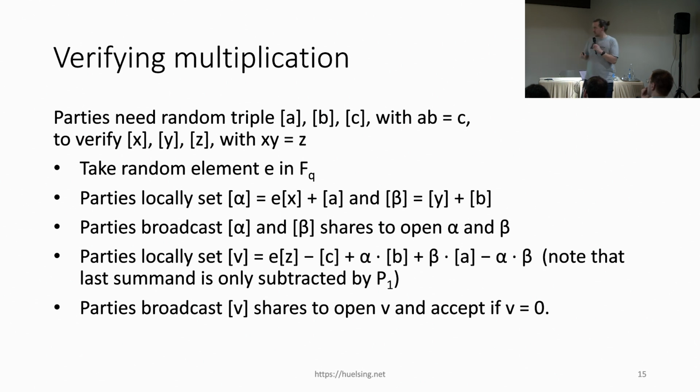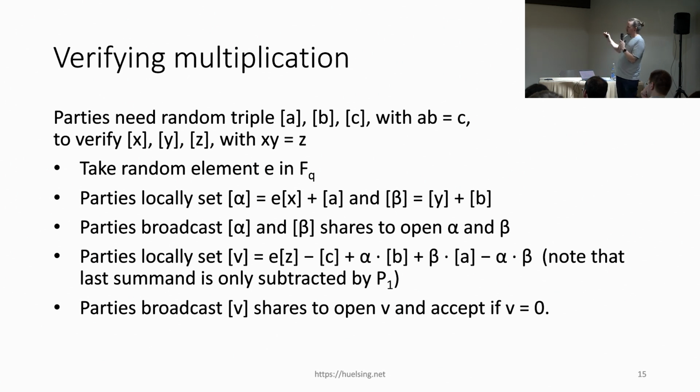So how does this work? It's actually pretty similar to the other approach. You need a random triple A, B, C, such that A times B equals C. And so every party has a share of A, of B, and of C. And you want to verify that actually x times y is z for secret shared values x, y, and z. Okay?